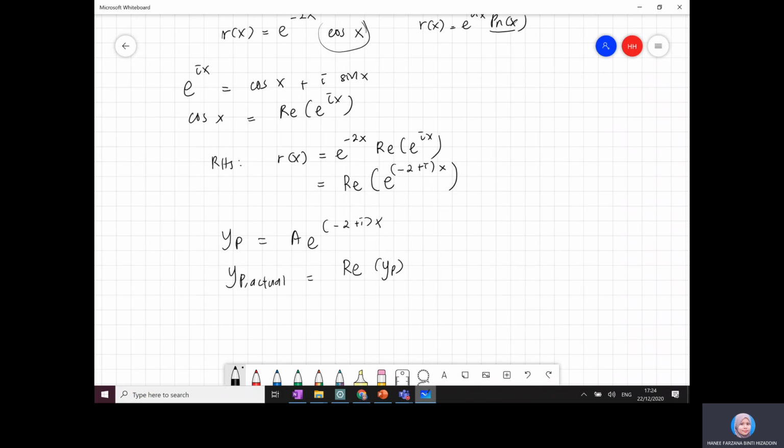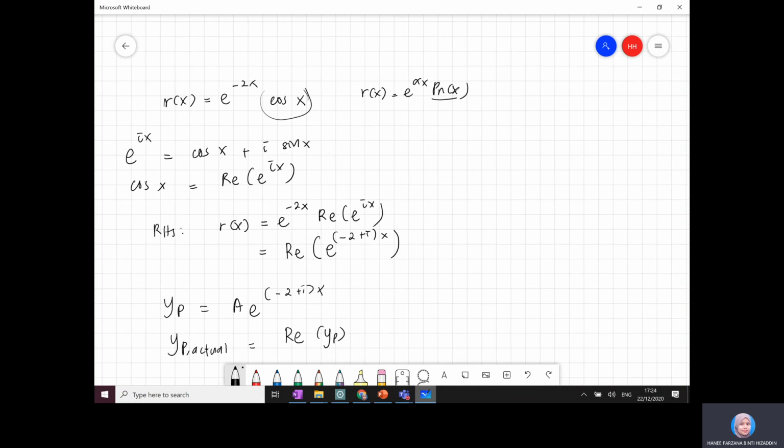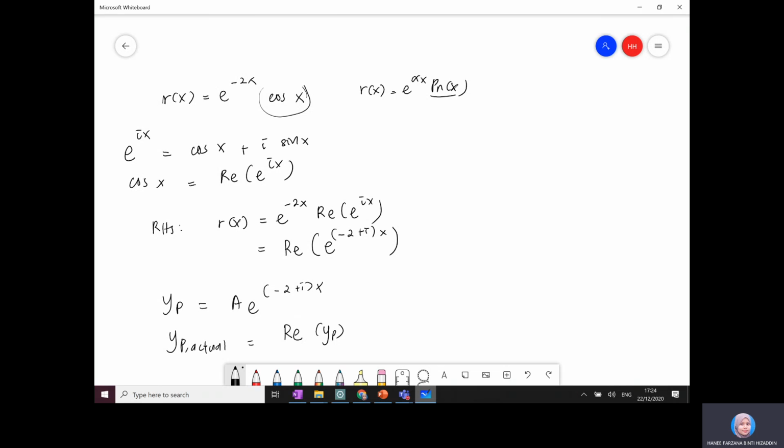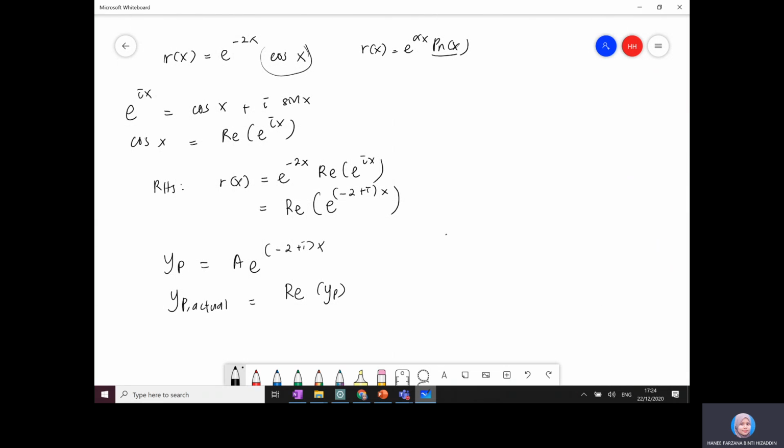So the third step is to check the linear dependency of yc and yp. When you compare the yc that you got previously, it was C1 e negative 2 plus i x plus C2 e negative 2 minus i x.